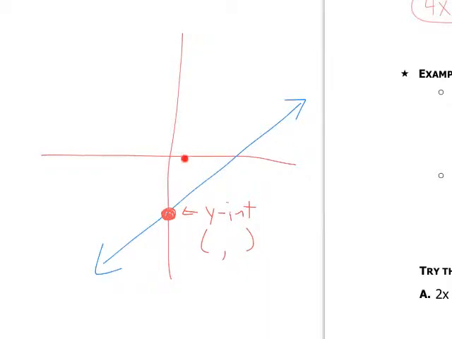In order for it to be a y-intercept on this y-axis, x has to be 0, and then y is going to be up or down something, so I'm just going to stick a question mark in there. So for a y-intercept, x has to be 0.